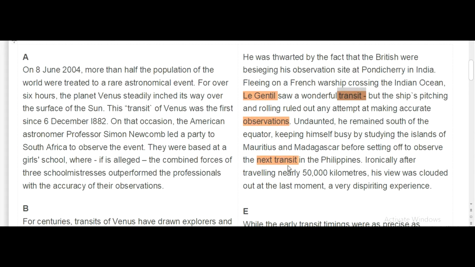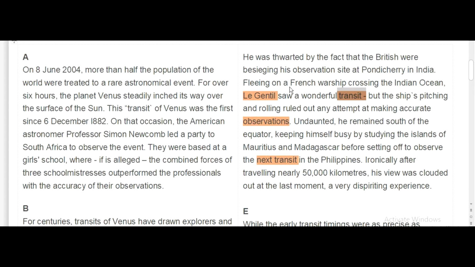That is probably going to be a keyword. So I have found many keywords here, so I have a feeling that we might find our answer somewhere here. So I'm going to start from here.